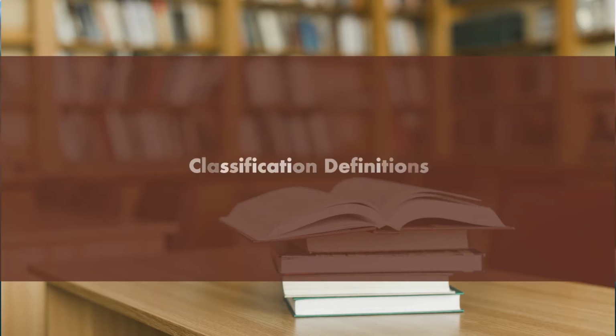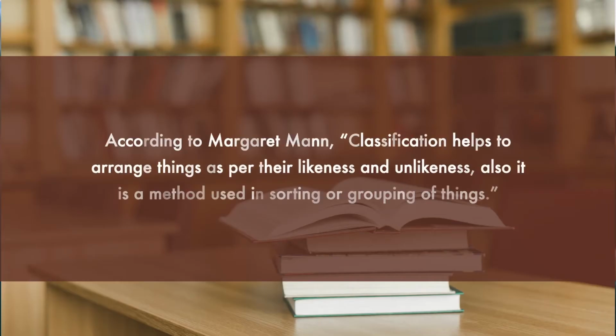Now talking about the various definitions of library classification. As we know, different persons have defined classification in different ways. Now here we will discuss some of the well-known definitions of classification. The first one is from Margaret Mann, and according to her, classification helps to arrange things as per their likeness and unlikeness.